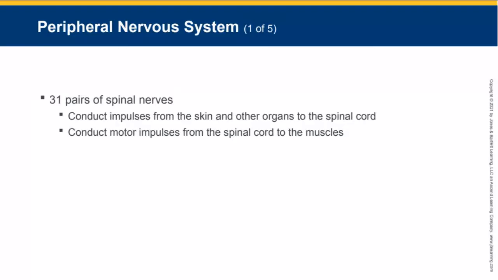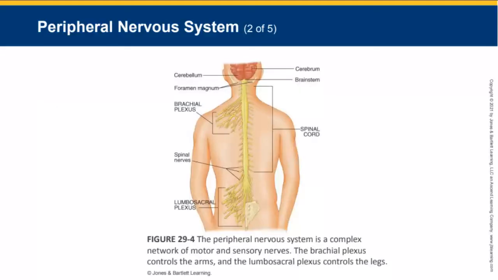cord. Now we have 31 pairs of spinal nerves. They conduct impulses from the skin and other organs to the spinal cord, and they conduct motor impulses from the spinal cord to the muscles. On this diagram, you can see where the spinal cord exits the foramen magnum, that opening in the skull.